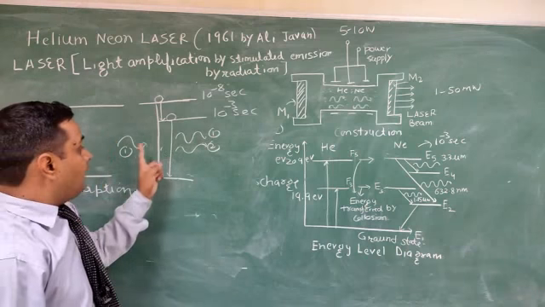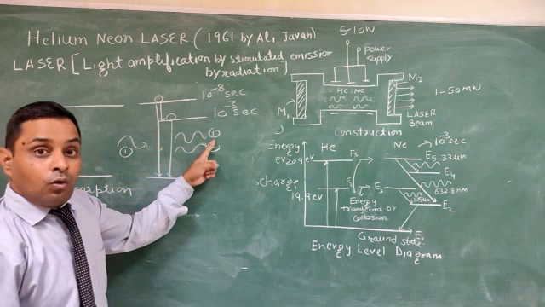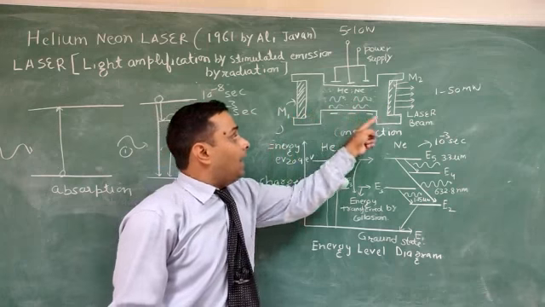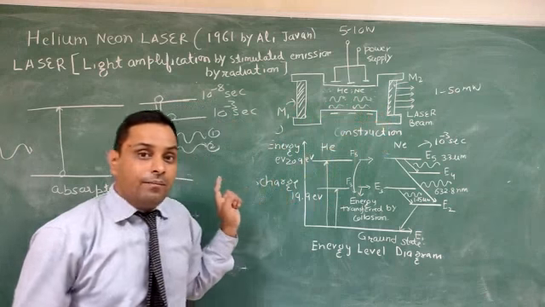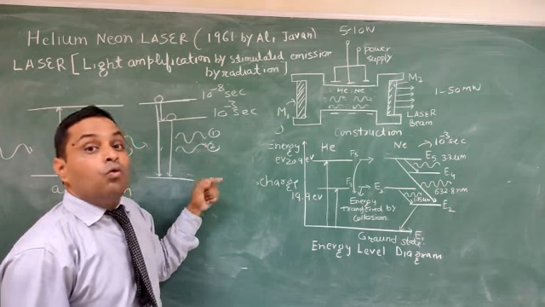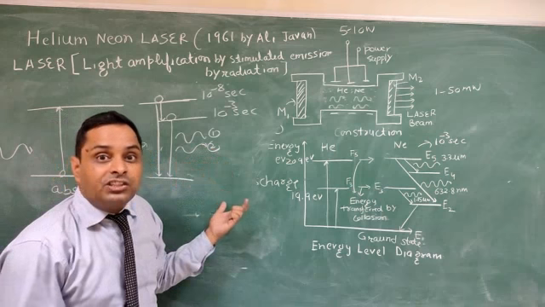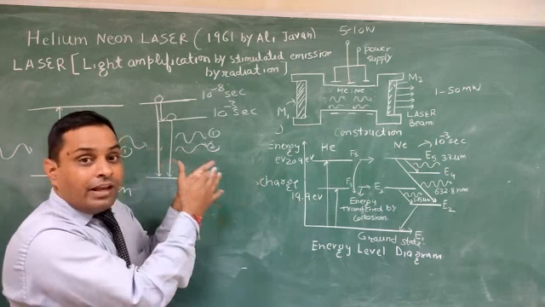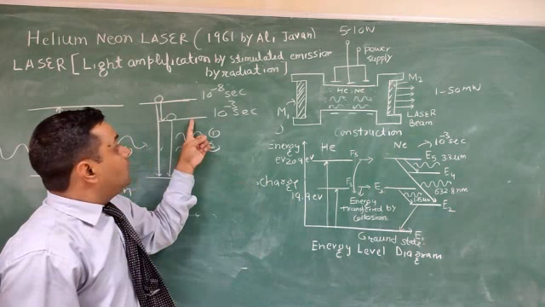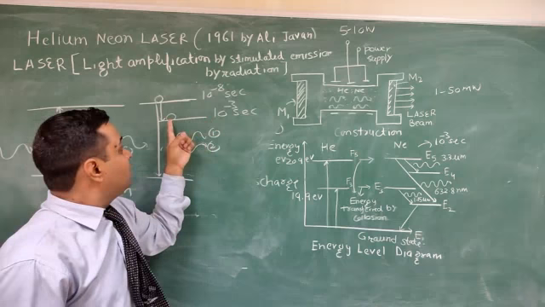Understand? That means we have produced two photons from one, and by using mirrors M1 and M2, the resonator, we can amplify from 1 to 2, 2 to 4, 4 to 8, 8 to 16. So there is amplification of the photons. But why does this happen? Because in the helium neon laser there is a metastable state.